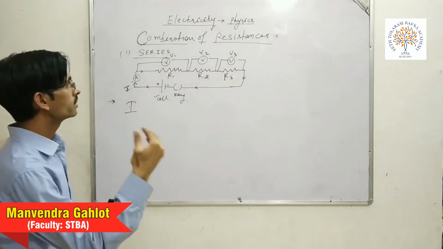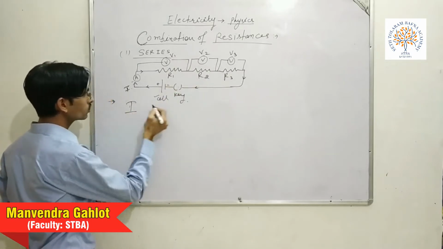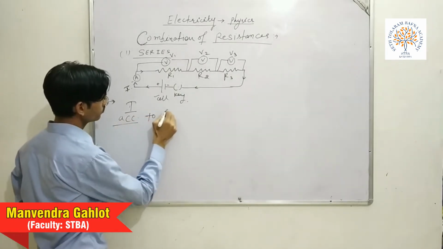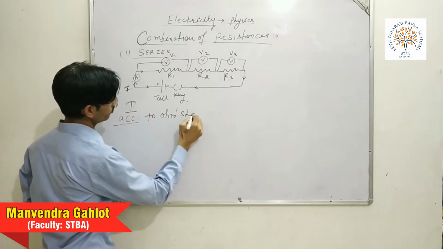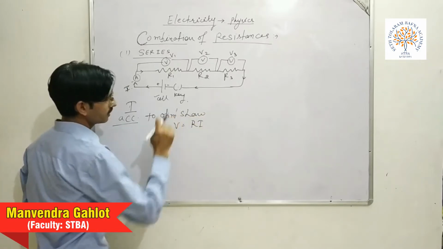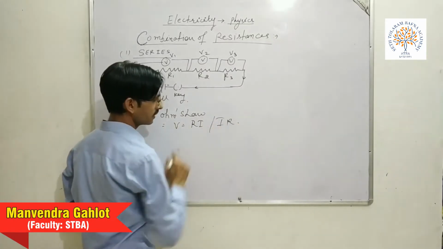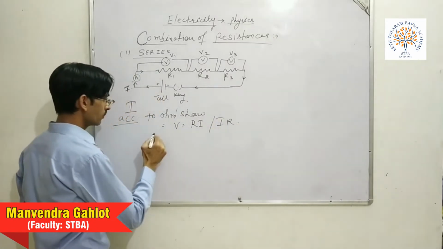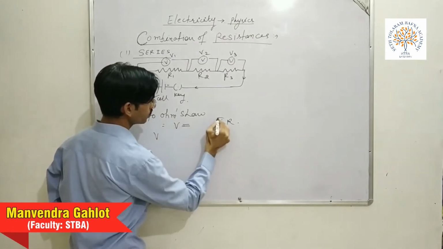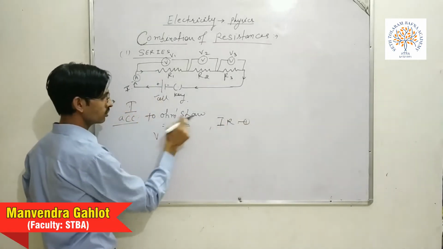So according to Ohm's law, we know that V equals to IR. So V equals to IR, equation number 1, from Ohm's law.